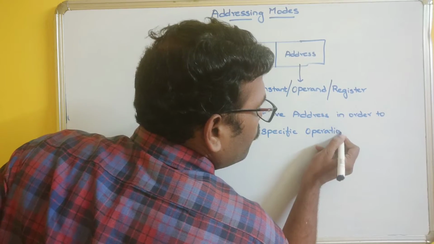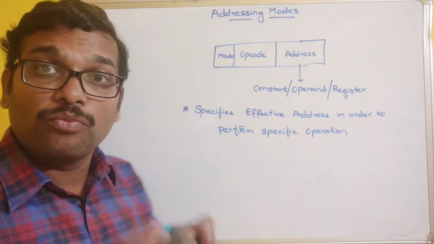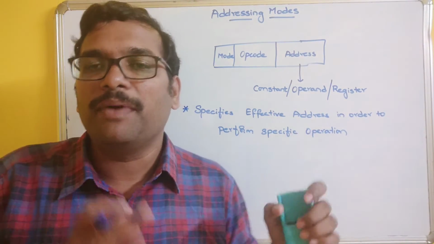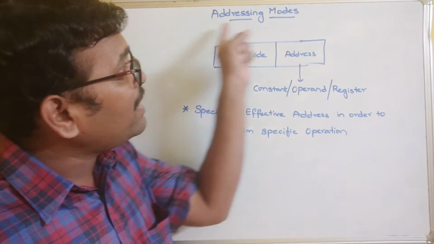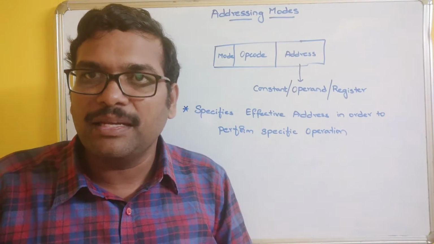So how we have to perform the operation, on which data we have to perform the operation, that is called addressing modes.